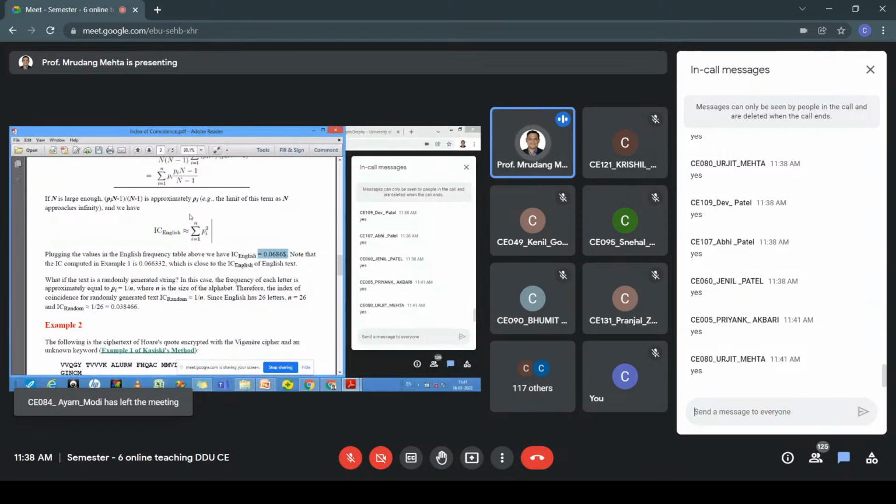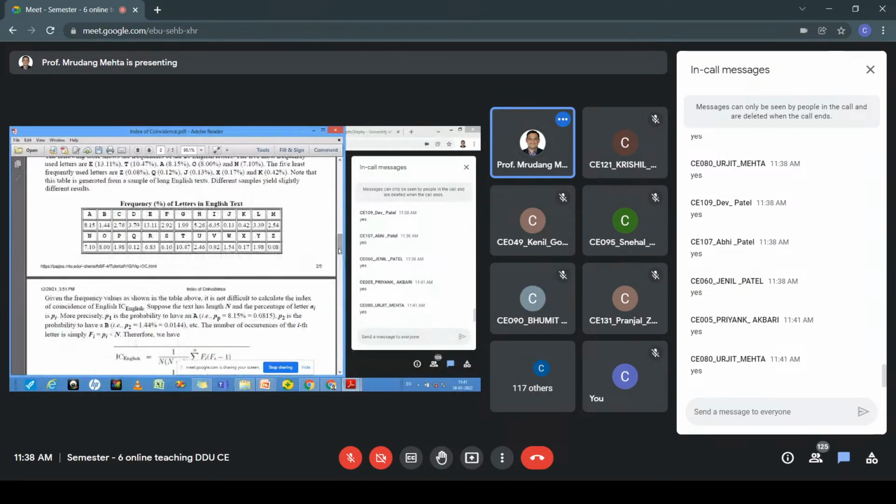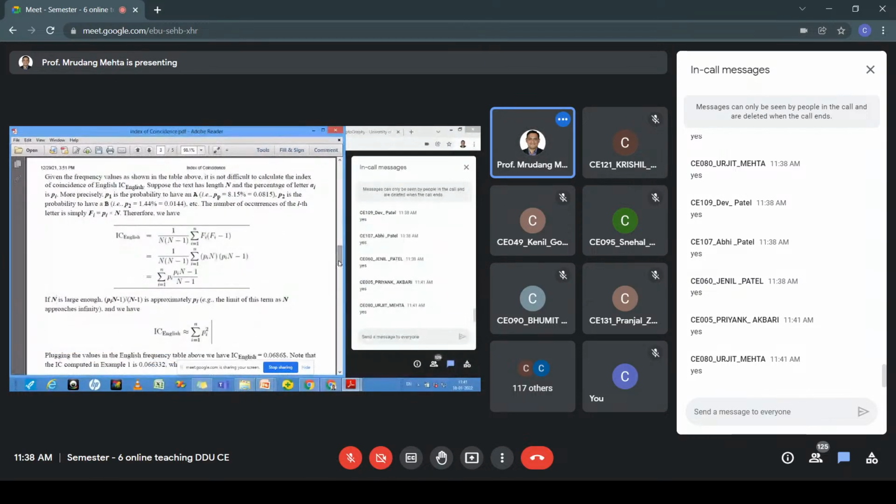The formula is the same. We have found the probability, and then we take the summation and the average, right? Summation of probability squared, i equal to 1 to n, n equal to 26.